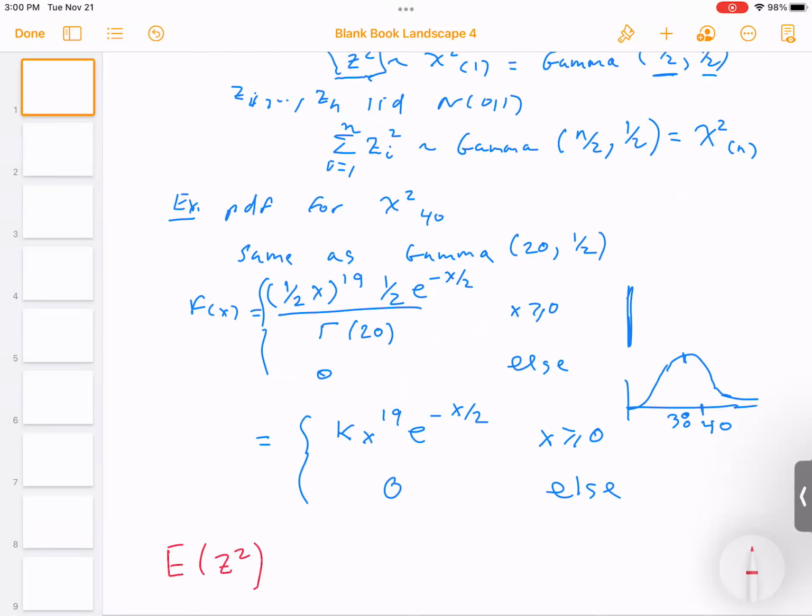We could always do the integral, but we probably don't want to do that. So E of Z squared is, just by using that short form for the variance, the variance of Z plus the expected value of Z all squared, right? Do you see this? Because if I subtract that last thing from both sides, I get the expression for variance. And standard normal has a variance of 1 and an expected value of 0.